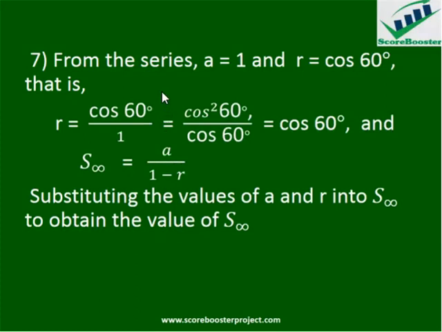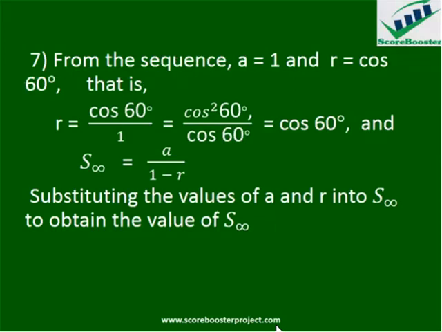Now we move to the seventh question. This seventh question is in form of trigonometric because we have the cosine. So from the sequence, the first term a is 1, and we are to obtain the value of the common ratio.